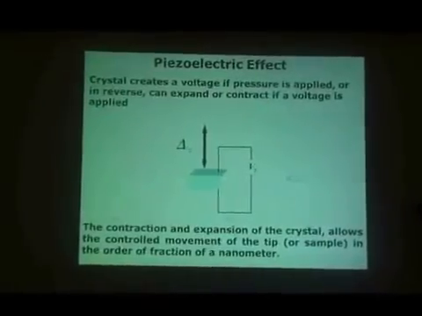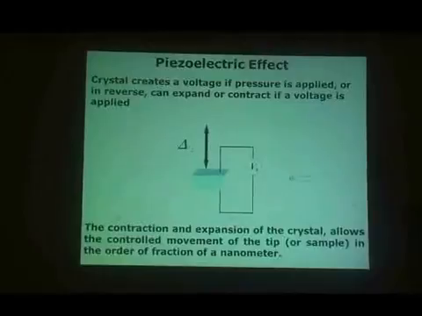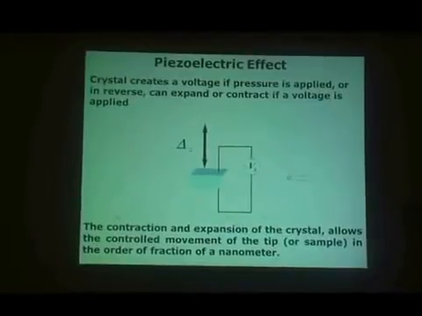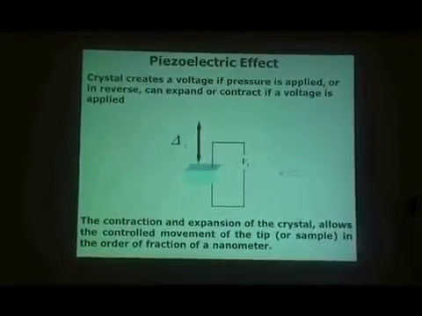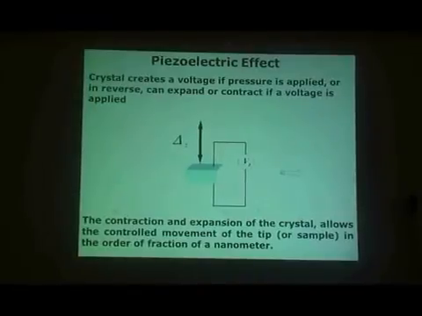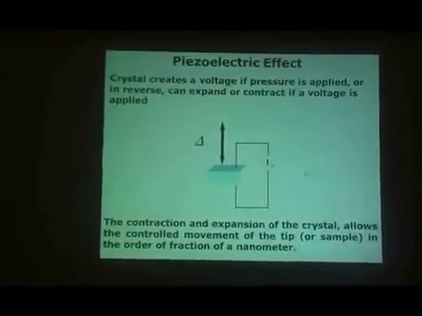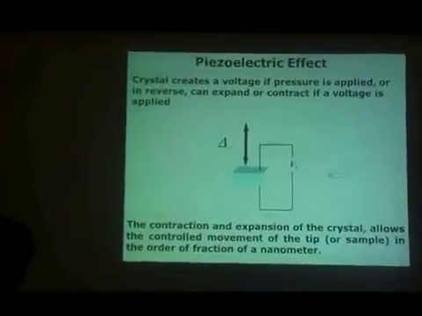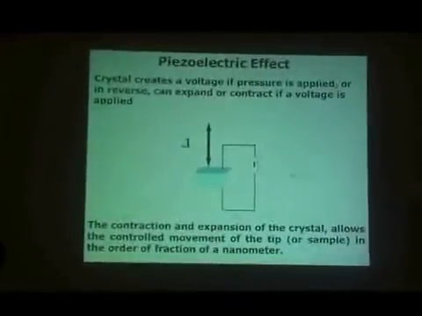You know the piezoelectric substance. When you apply a pressure to certain crystals, they develop a voltage. Similarly, if you apply a voltage to the same kind of crystal, it can either extend or contract. And that movement will be in the nanometer regime.